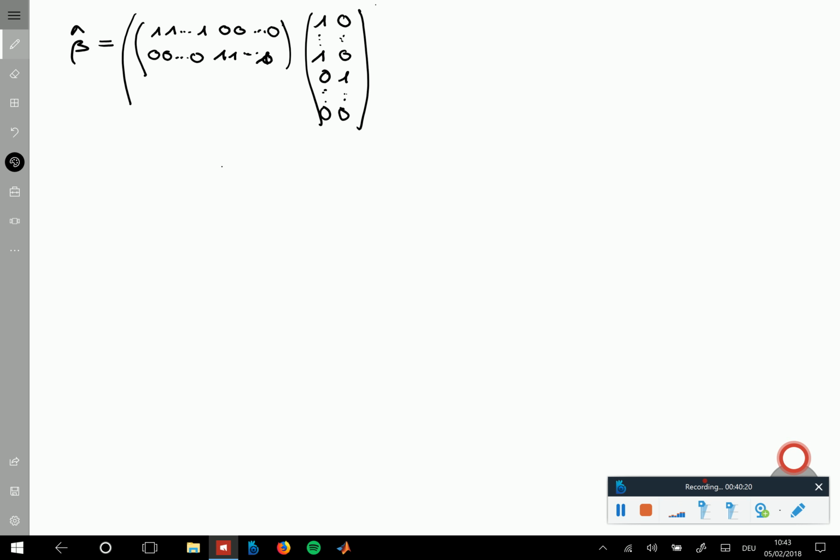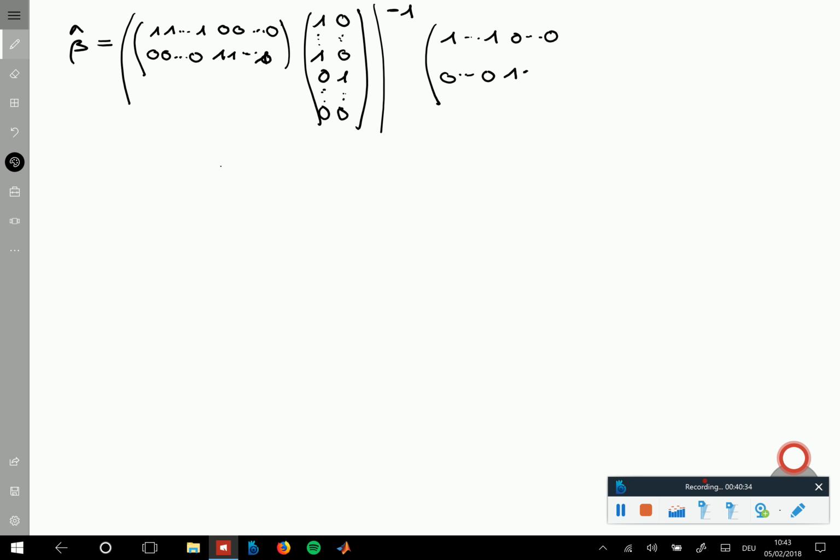And then invert, and then multiply the transpose of it with the data, where the data, of course, is still in this format: y11, y12, and so on to y1n1, and then y21, y22, y2n2.